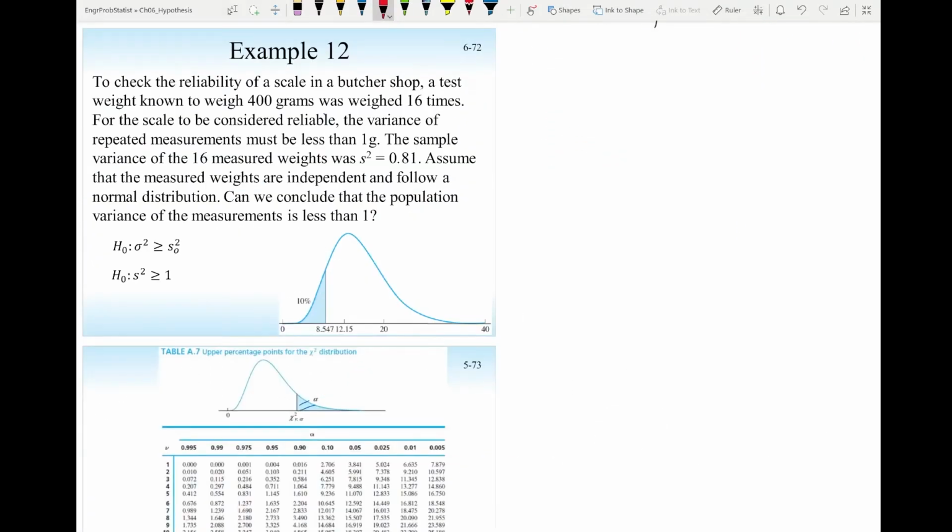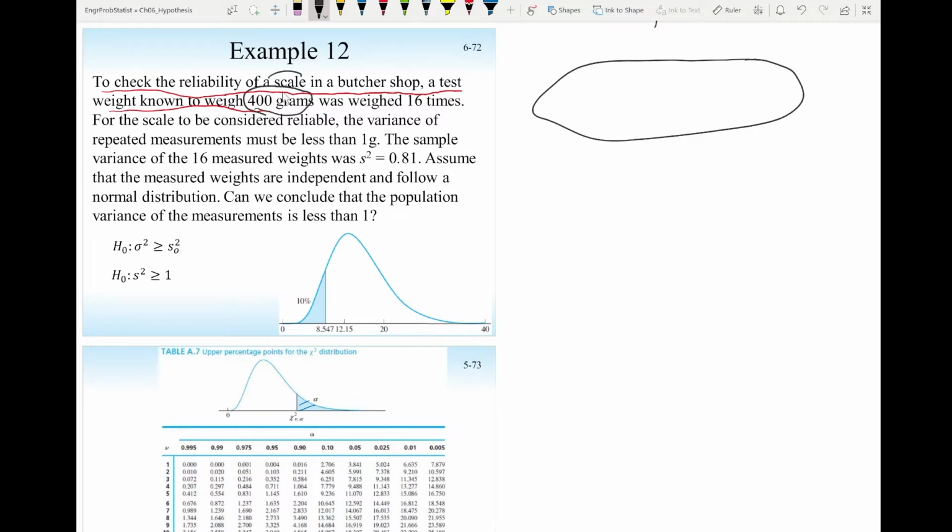To check the reliability of a scale in a butcher shop, a test weight known to weigh 400 grams was weighed 16 times. So we have here the population, you can think of it, as the weights of a standard mass of 400 grams given by this scale.